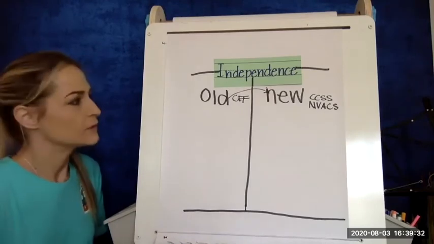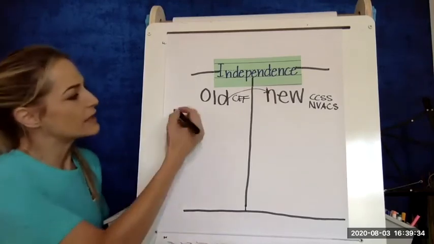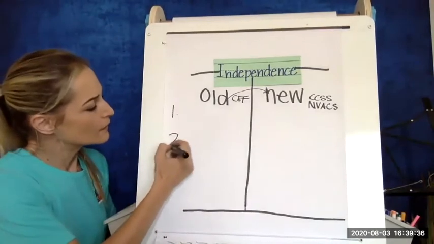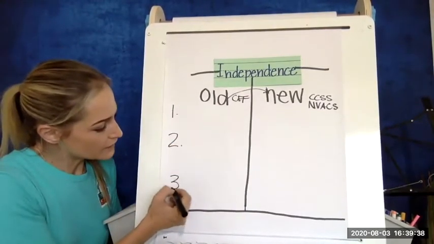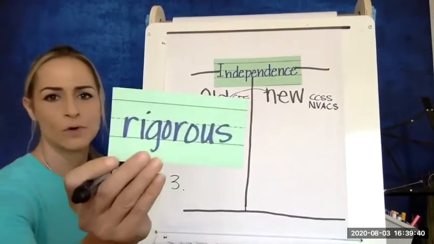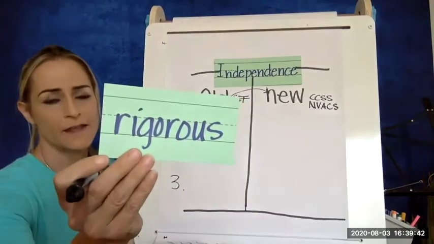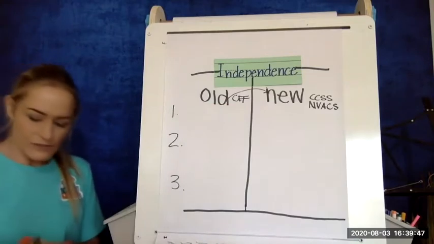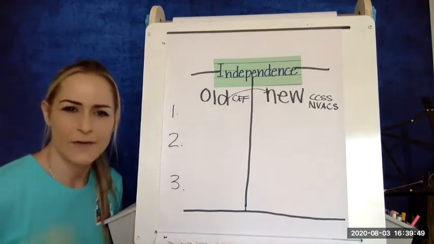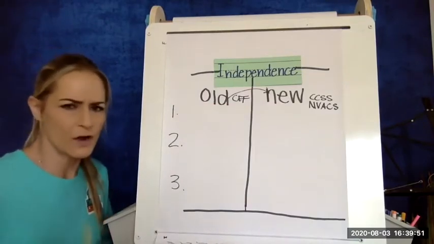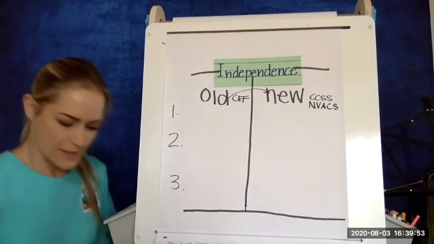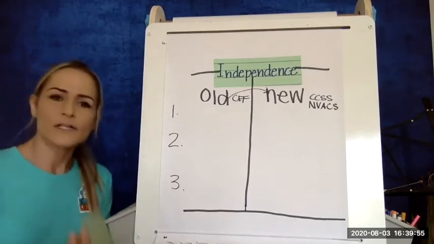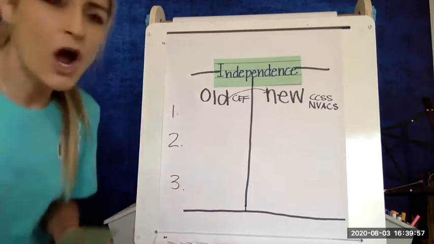First of all, today we'll talk about the 3 ways that these new standards are actually more rigorous than the old standards. Rigorous, when you first hear that word, I know I think about like rigorous exercise where you're working harder and sweating, you know, and rigorous does not necessarily mean that they are harder.